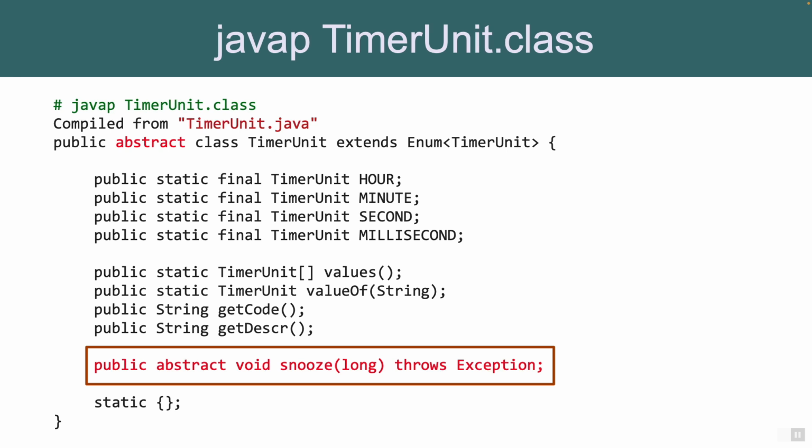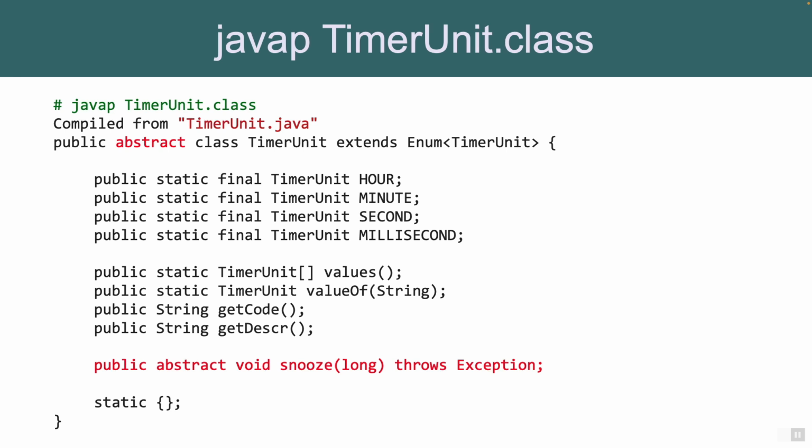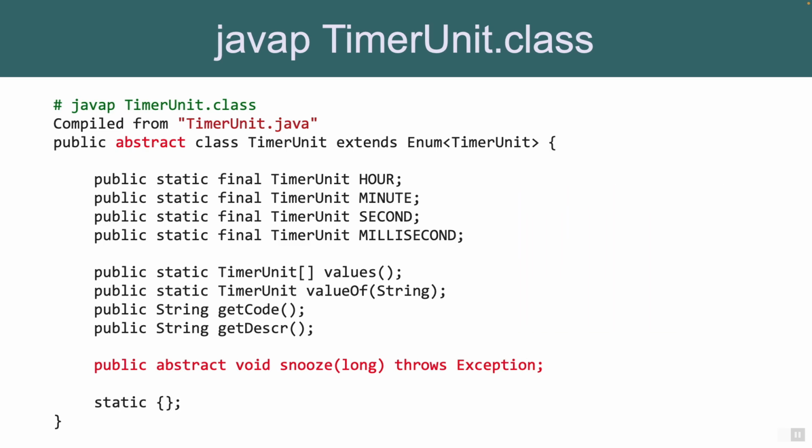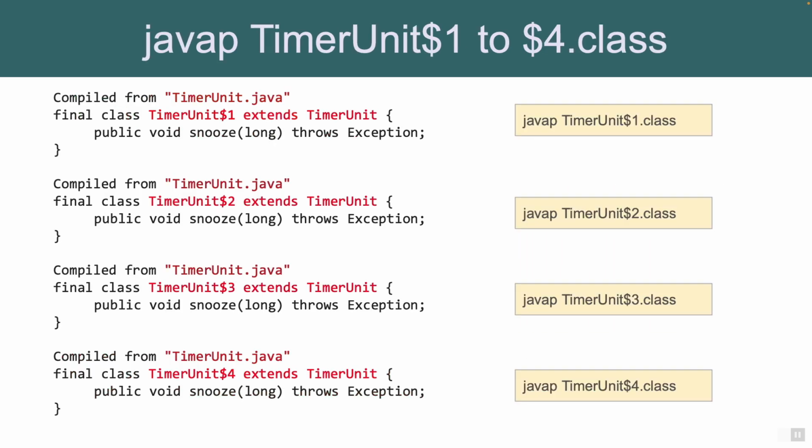But there is an interesting thing. Because this is abstract, the compiler also creates 4 implementations or 4 subclasses of the TimerUnit class. And it will associate those subclasses with each one of those constants. And those subclasses are TimerUnit$1, TimerUnit$2, TimerUnit$3, and so on. So if I go and do a javap of TimerUnit$1.class, this is what you see on the screen.